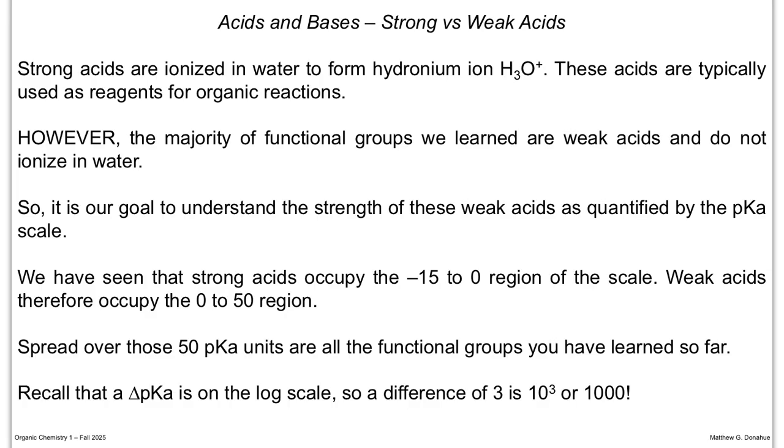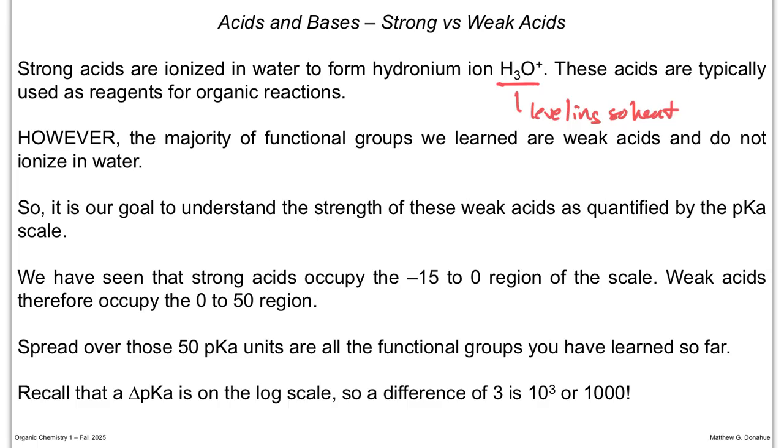So we left off the discussion about these strong acids, and when they're added to water, they always ionize to hydronium. So water is called a leveling solvent. No matter what, you're always going to get H3O plus.